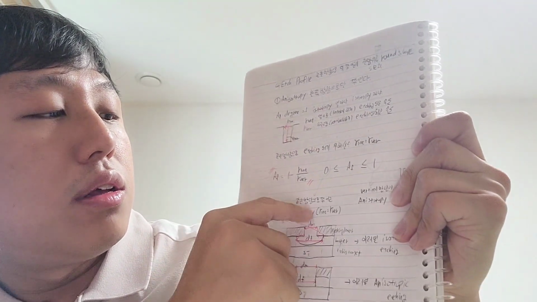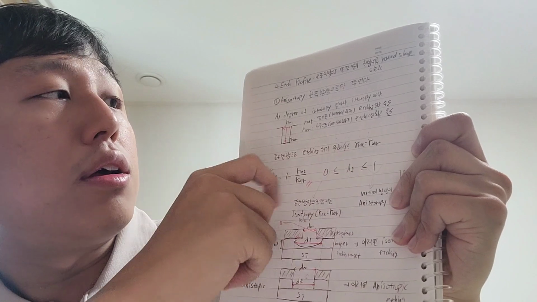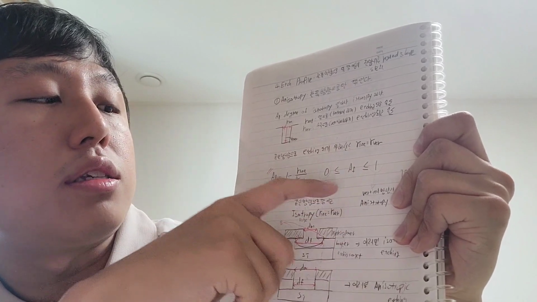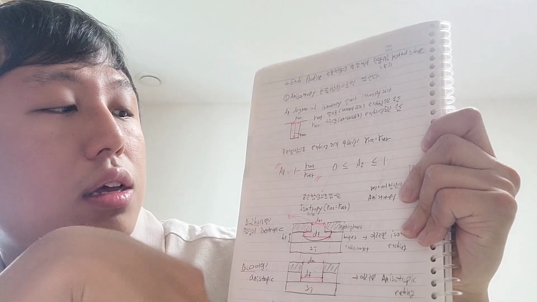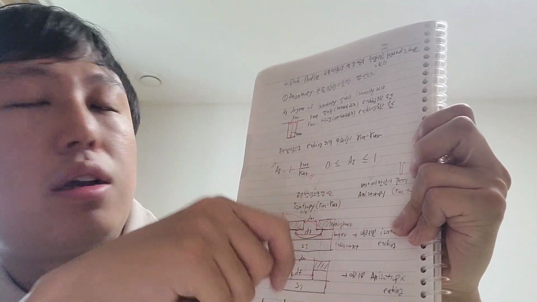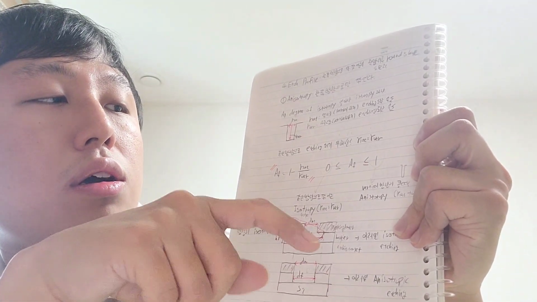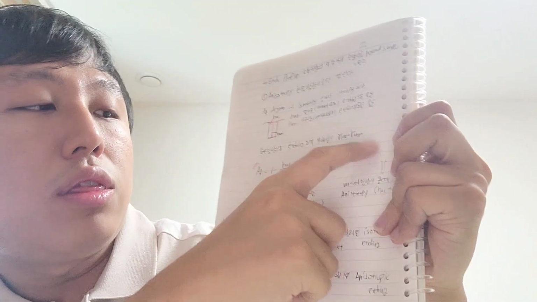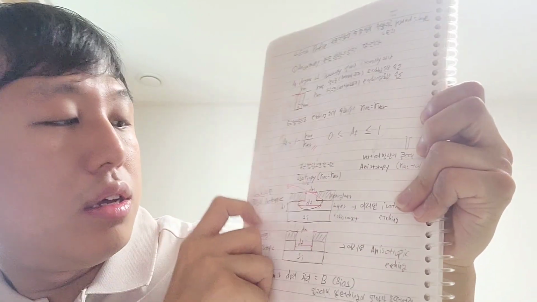And if AF, the degree of isotropy, is near 0, we can call it isotropy etching. And if AF is near 1, we can call it anisotropy etching.